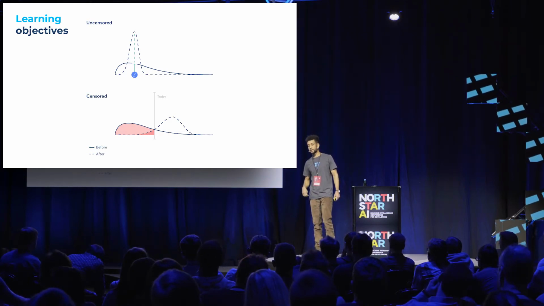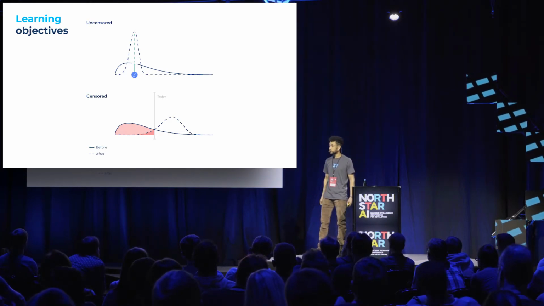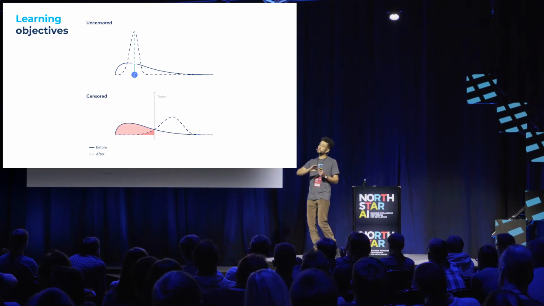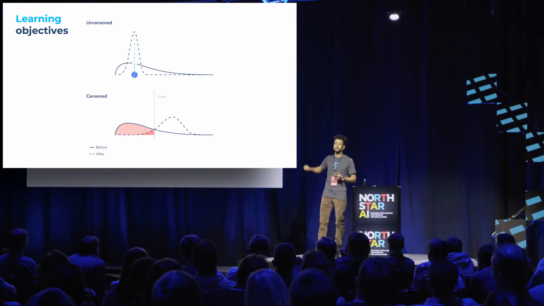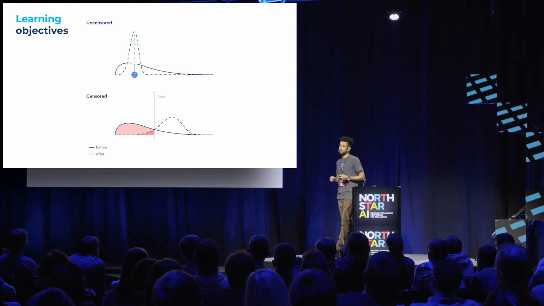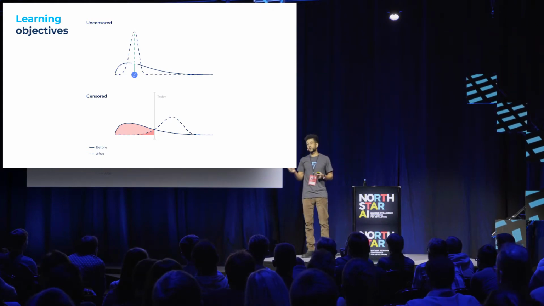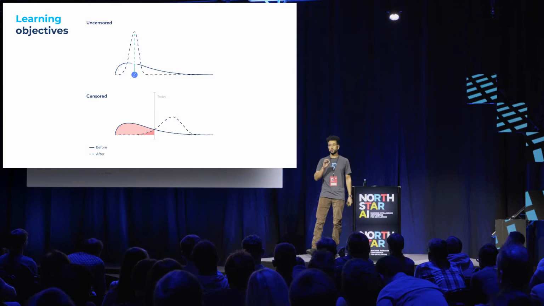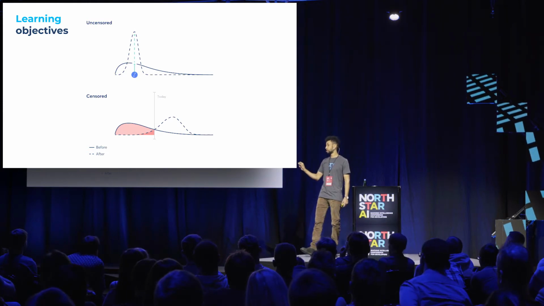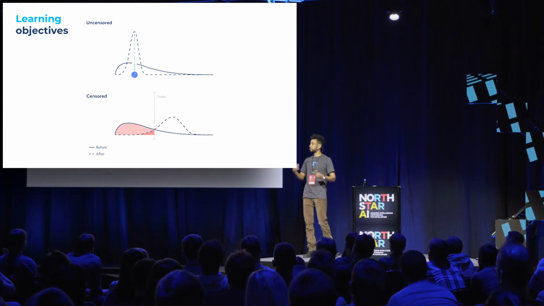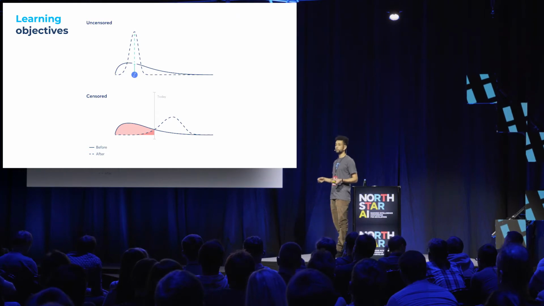That's how we'll assess it for uncensored observations. And it should push the mass of the PDF to the right of today in the censored cases, because effectively that's our model telling us there was a low chance of observing an event over a period of time, which we didn't.